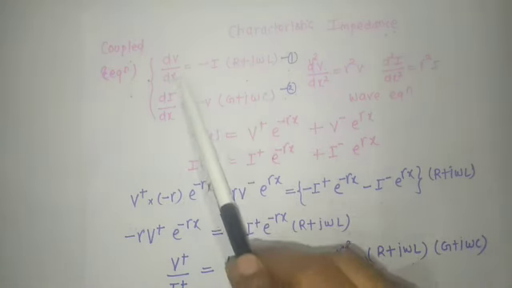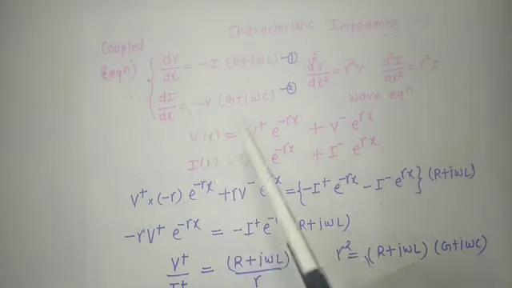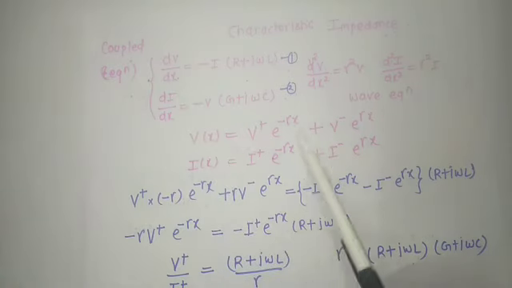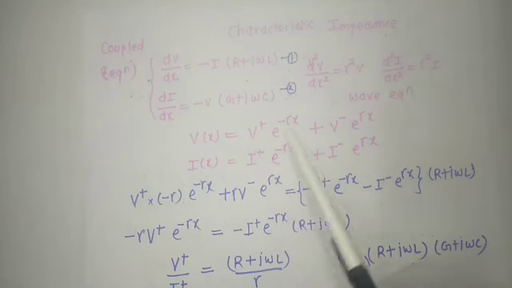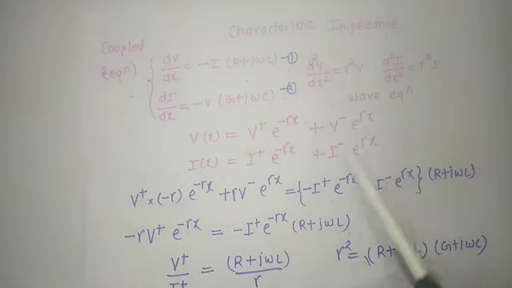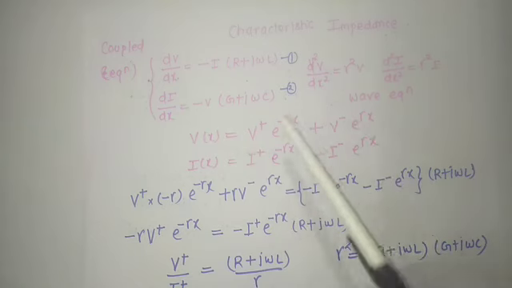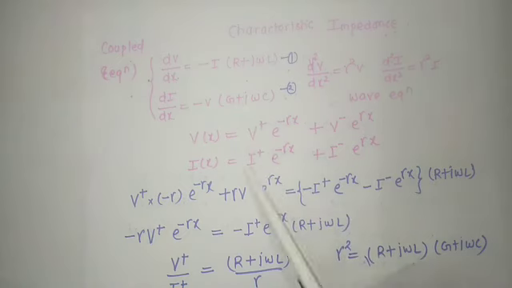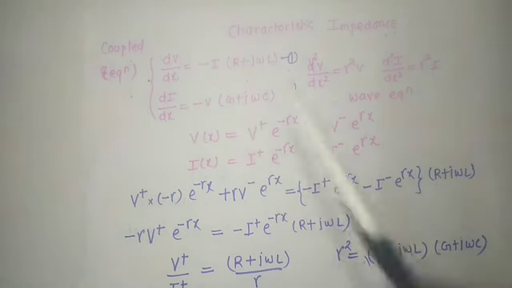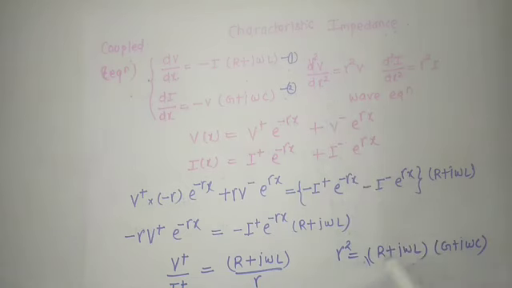On the left hand side we see differentiation of voltage. Can we differentiate this one? Yes, then it will be minus gamma V plus e power minus gamma x, plus gamma V minus e power gamma x. On the right hand side put the value of I, with minus sign, as well as multiplication of r plus j omega l.